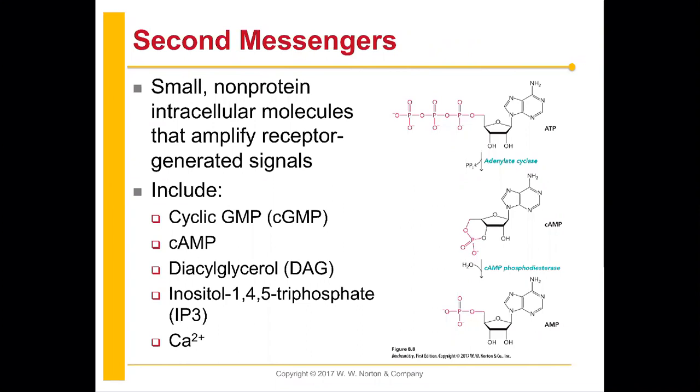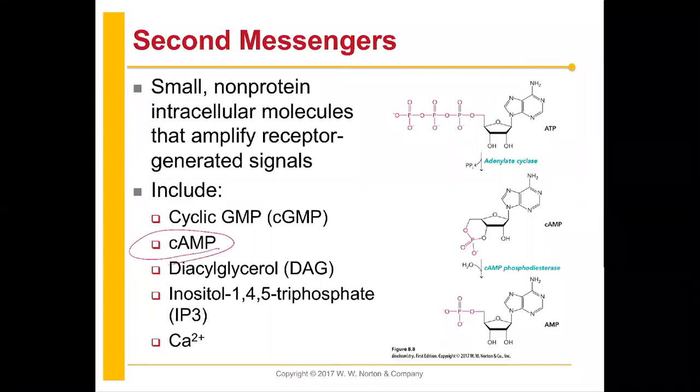Diacylglycerol, which you'll hear abbreviated as DAG. Inositol 1,4,5 triphosphate, we call that IP3. And then the calcium ion is also an important messenger.